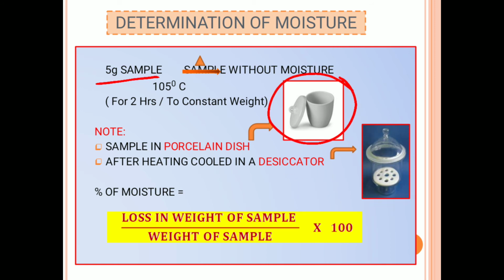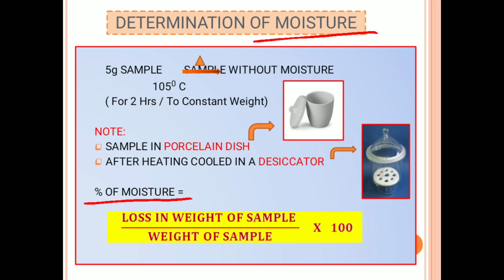Then weigh the porcelain dish weight after taking from this desiccator, let it be W2. Then loss in weight of the sample, that is nothing but W1 minus W2 will give the amount of moisture present. As you wanted to calculate the percentage of moisture, then the formula is loss in weight of sample due to loss of moisture by weight of sample into 100. Why? Because as it is percentage moisture calculation.